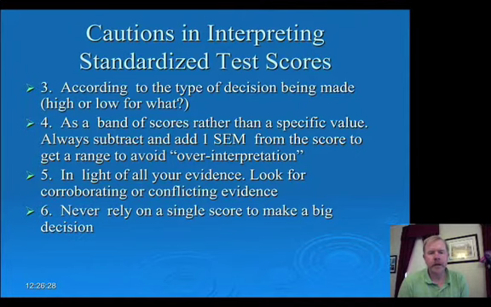In light of all of the evidence, look for corroborating or conflicting evidence. So do other kinds of test scores, or does the student's performance in class, or does other kinds of observations, support or confound your conclusions based on your large-scale assessment? And then finally, of course, never rely on a single score to make a big decision.